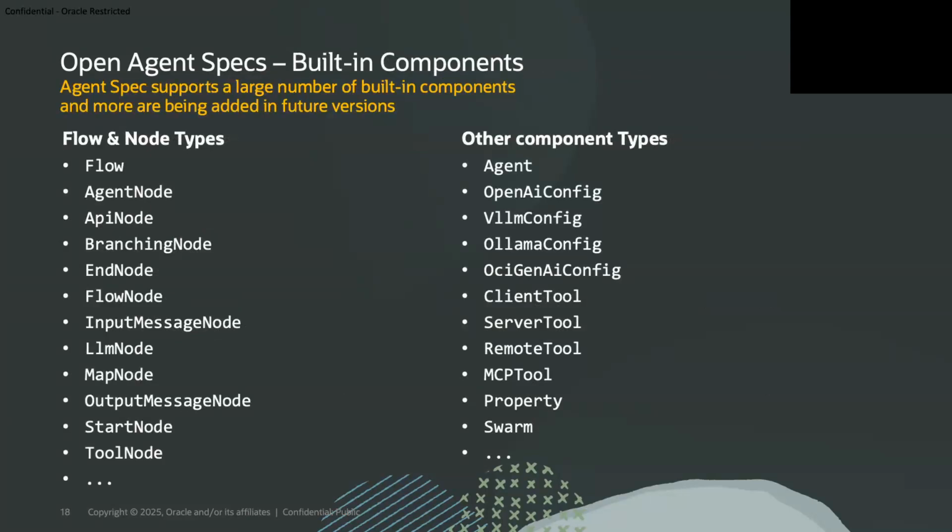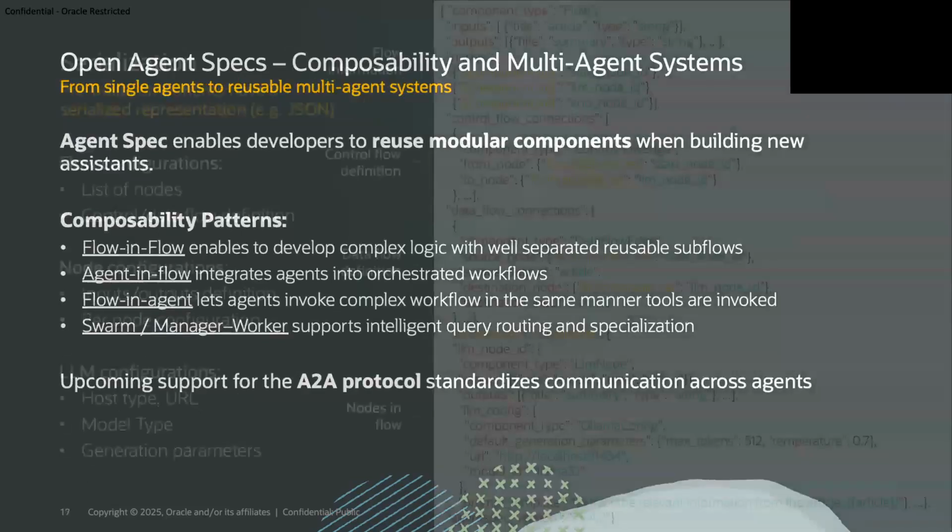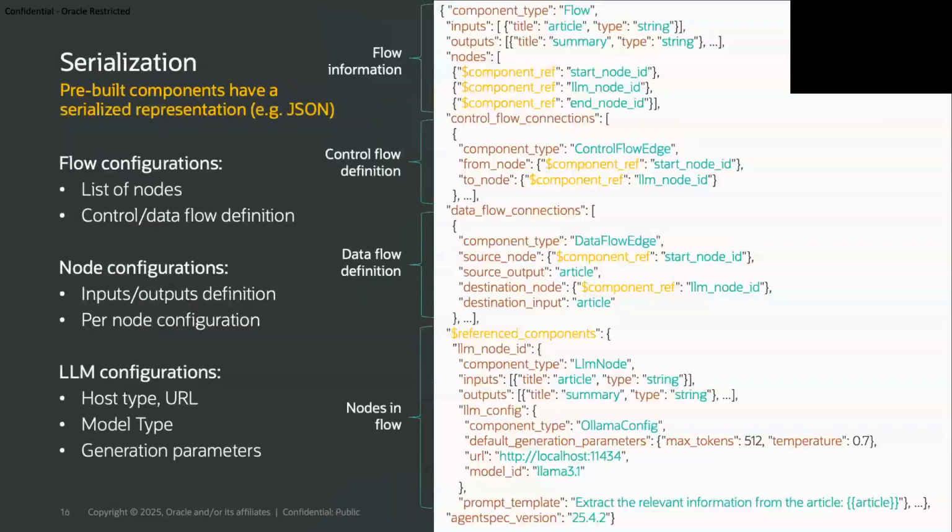Go ahead. So once you have the representation in the JSON format, yeah, you can then convert that one to something that would work in Langflow or another agent framework. Yeah, exactly. Can you also go the other way around, from the agent framework to this representation, then go to another one?